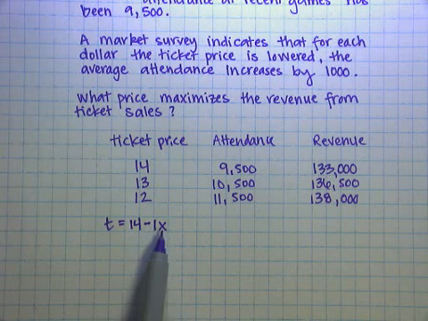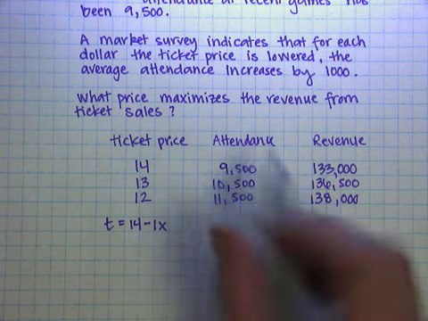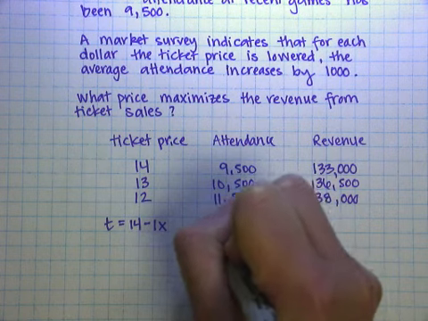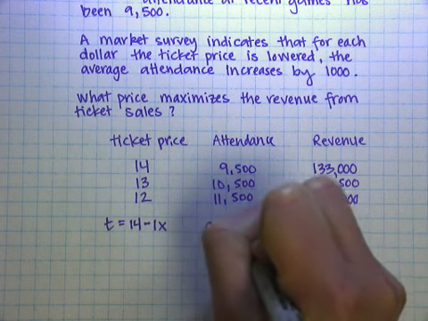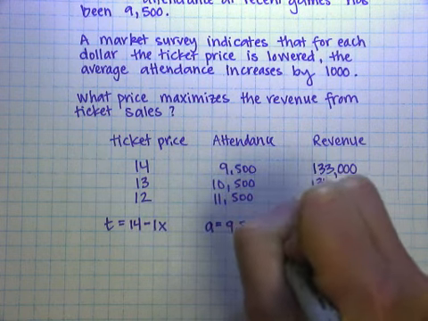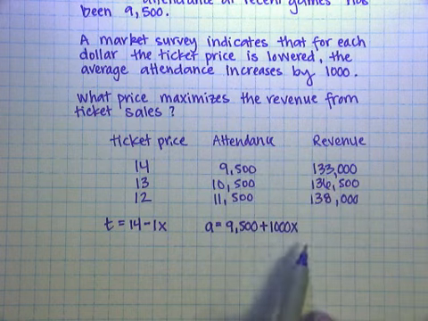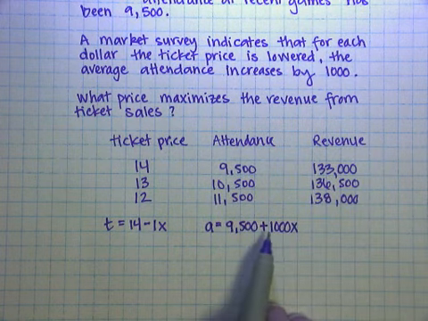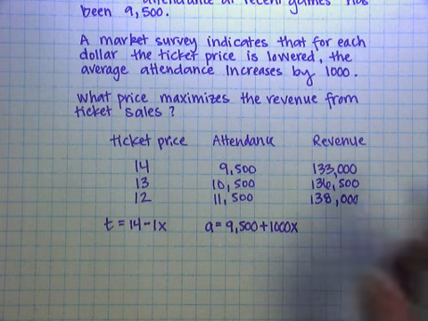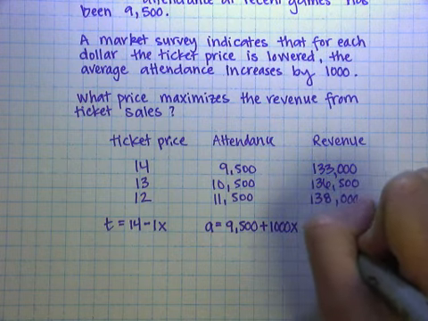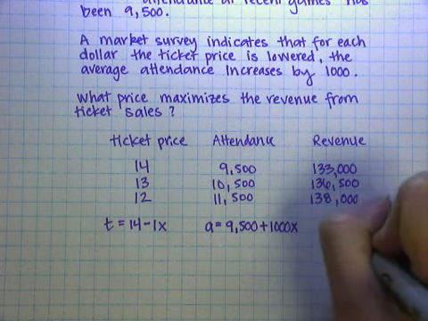So I'm going to let X be the number of times I'm changing the price, or how many dollars I'm lowering the price by. Attendance I'm going to call A, and I notice that I start at 9,500 and it's going up by 1,000 every time I change the ticket price, so I'm going to add 1,000X. And then my revenue is my ticket price times my attendance.